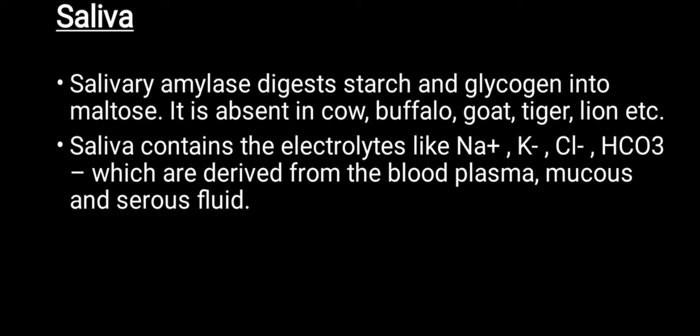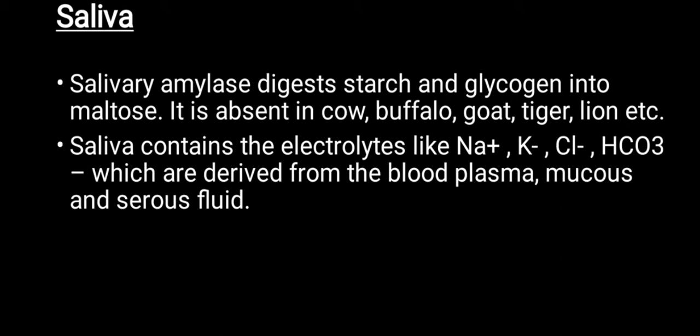Saliva contains electrolytes, as we mentioned earlier: sodium, potassium, chloride, bicarbonate. These electrolytes are derived from the blood plasma. What is blood plasma? The fluid part of blood is called blood plasma. The mucus gives lubrication to the buccal cavity, and there is serous fluid.